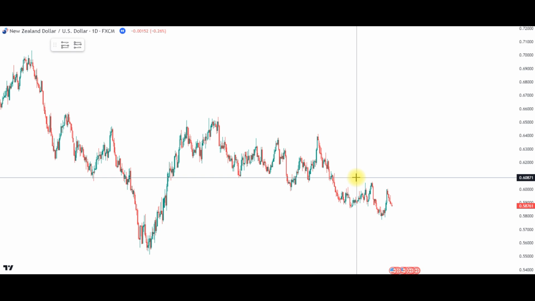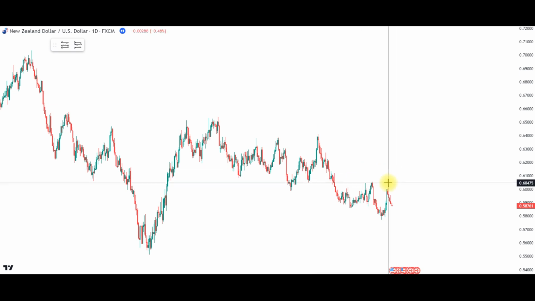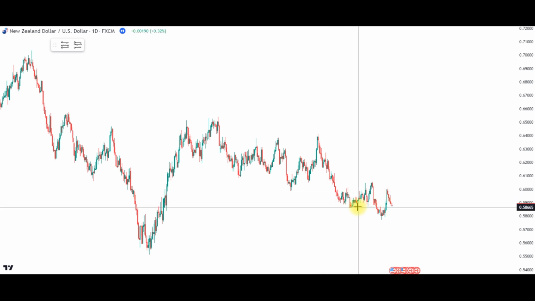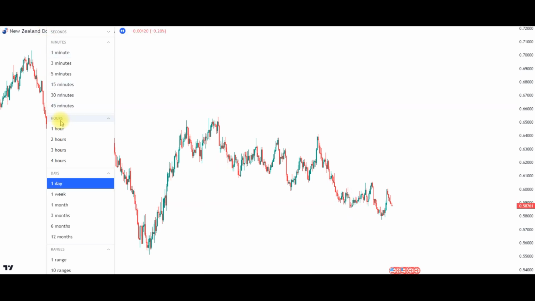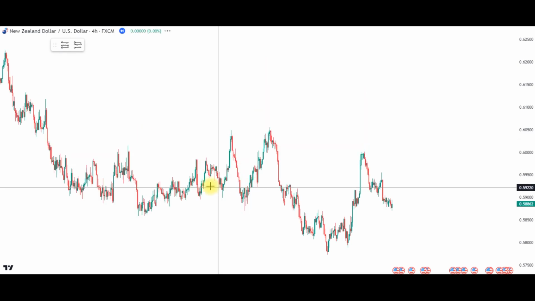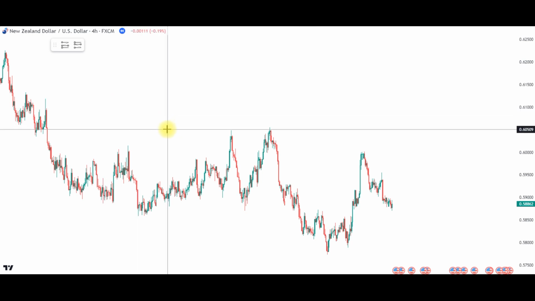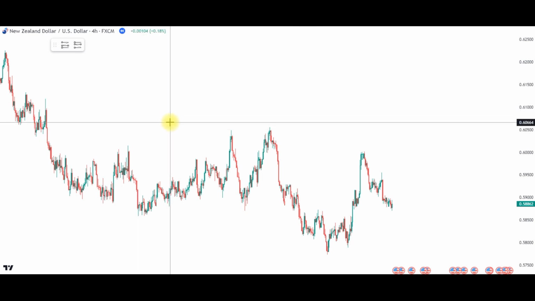So the downwards movement is still active, and it's coming close to this support area. So let's jump down to the 4-hour chart to draw in our major support and resistance areas that may be important for the further movements of the market.